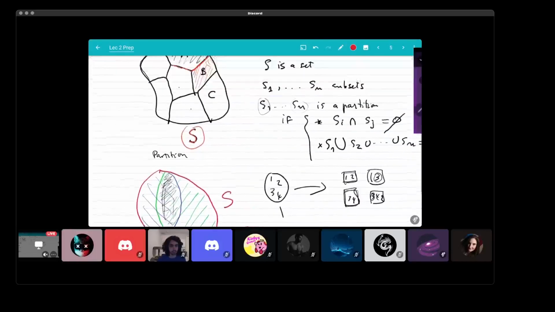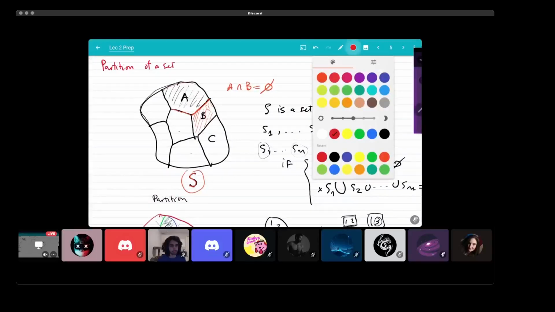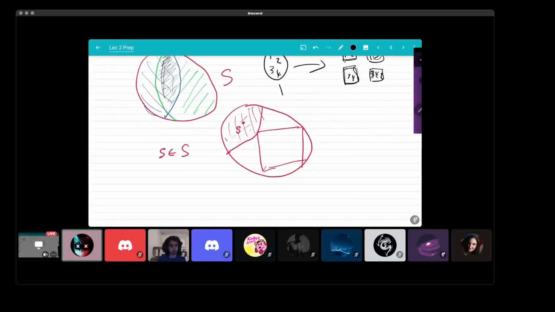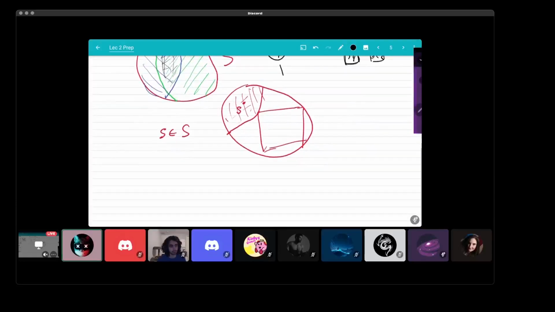Okay, this whole subdivision and partition thing gives rise to the idea of an equivalence relation on a set. So the goal of this whole section is to define a partition in some way. Let's keep that in mind. It is to find a way to divide a set in non-overlapping parts, covering the whole set.